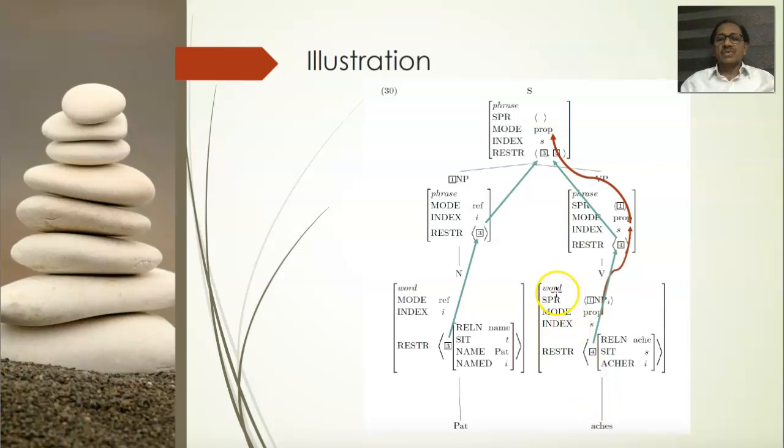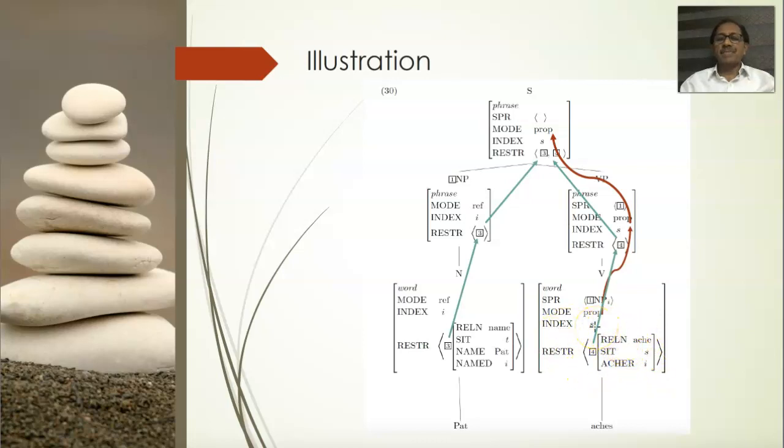So it's a word, it has a specifier, of course this is syntax, specifier which is NP, which is identical with this. We are not interested in that anyway. So mode is proposition, index value is S, the situation, restriction value relation ache, situation S, and acher I. This is the semantics value.